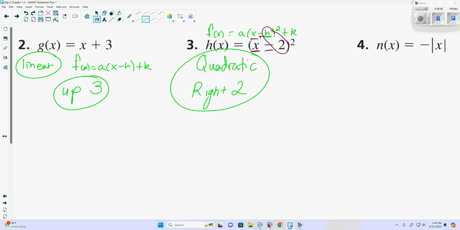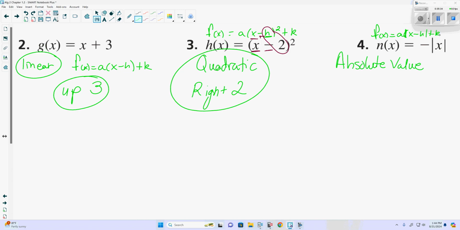Number 4. I don't know if y'all have already written that one. Its parent function is what? Absolute value. What would be the transformation? So there's no values for h or k, right?